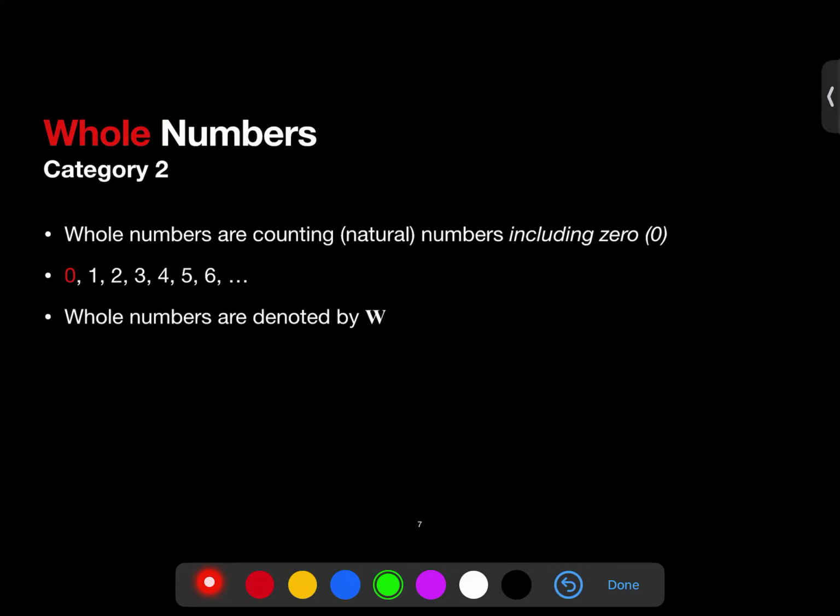The second category that we learned was whole numbers. So again, whole numbers are the same as our natural numbers, the counting numbers, remember, except we include 0.